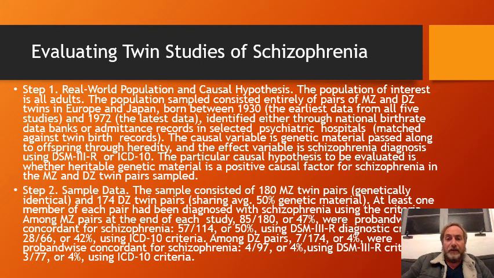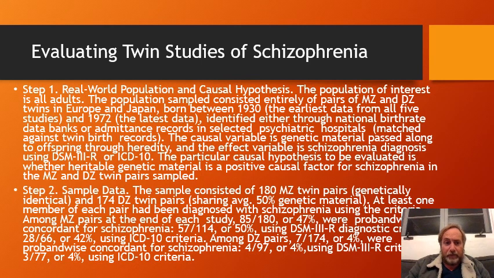The population sampled consisted entirely of pairs of MZ and DZ twins in Europe and Japan, born between 1930, which is the earliest data from these studies, and 1972, which was the latest data. Again, this was taken from hospital records and birth records, so it spans a wide time period.